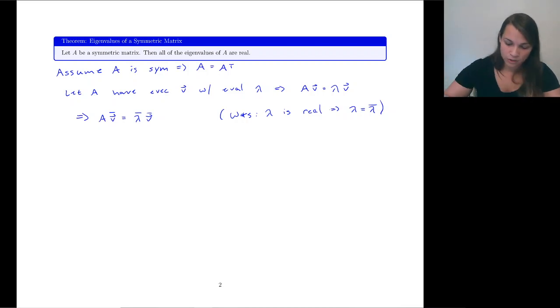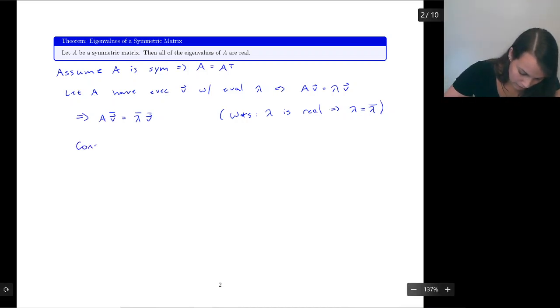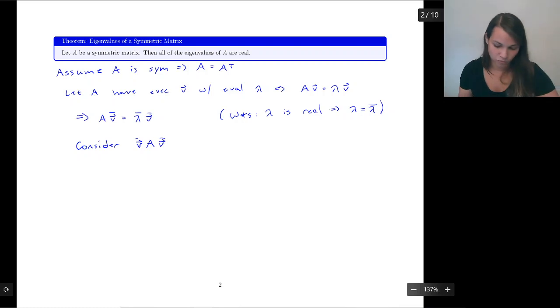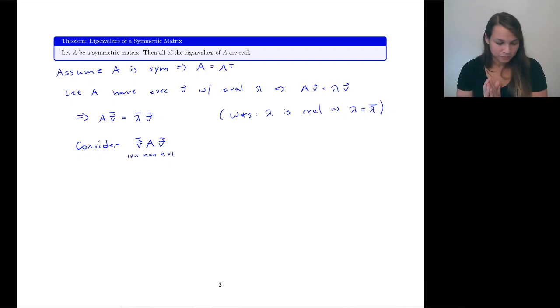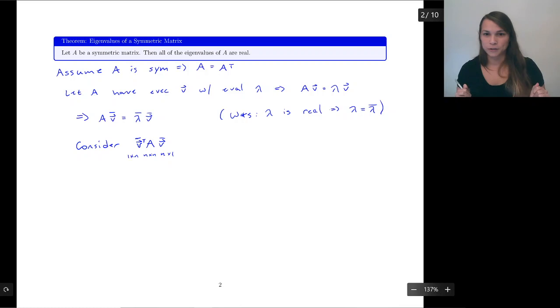What I want you guys to think about is this: what would that be? That's a fancy way of writing a scalar, right? That would be a 1 by n, n by n, and n by 1. Okay. Only if I do a transpose.